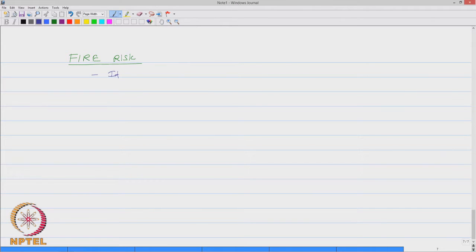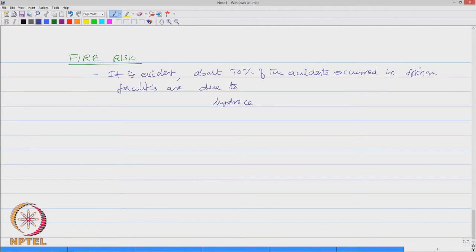It is evident from the literature that about 70% of the accidents occurred in offshore facilities are due to hydrocarbon explosion and fire.